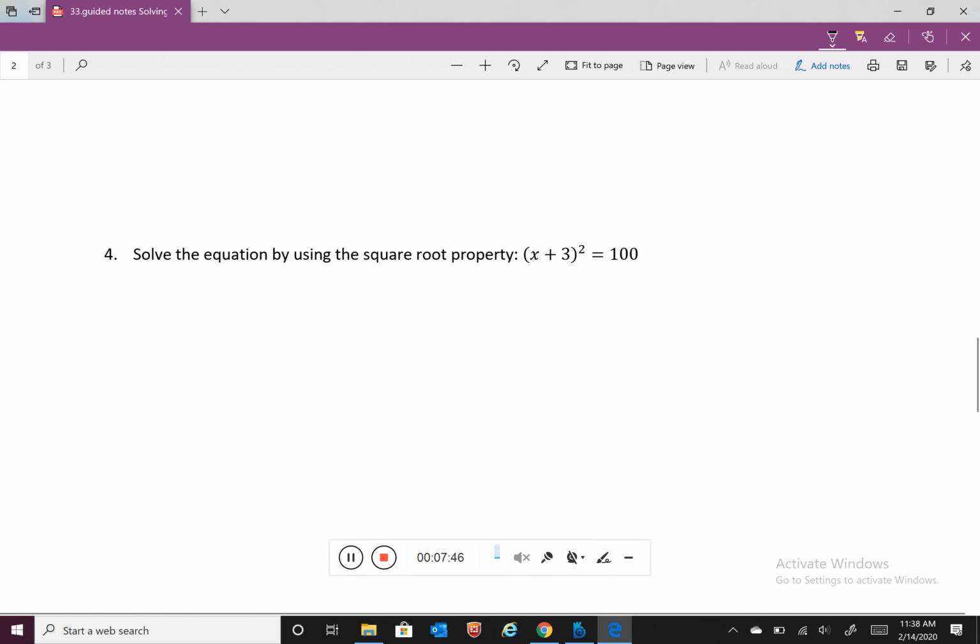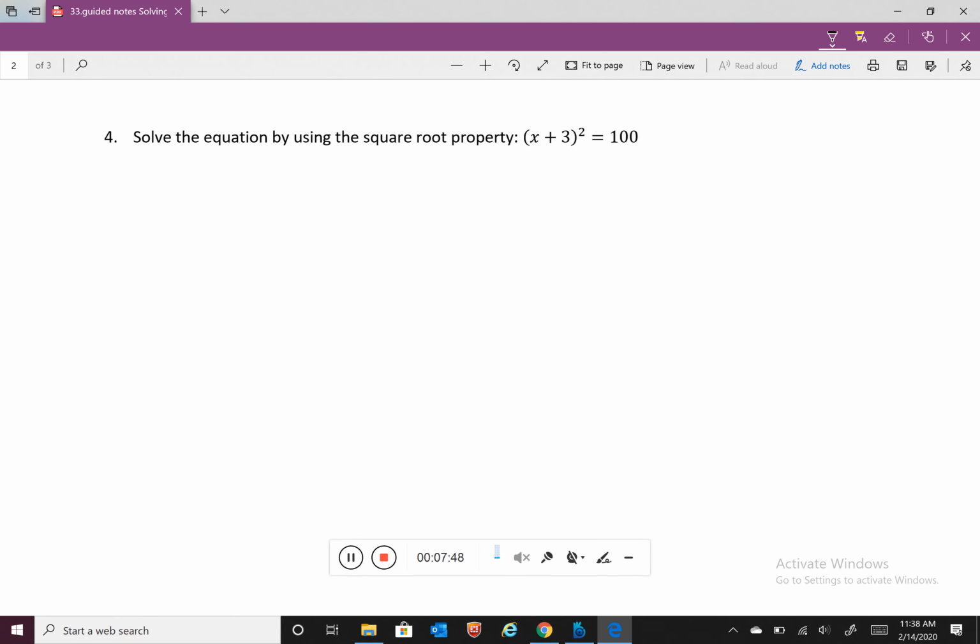Next example we'll tackle together. Solve the equation by using the square root property. This is our first time. Look at our quantity. We have not x by itself, but x plus 3. But that entire quantity is being squared. So we're going to undo the square by using the square root.